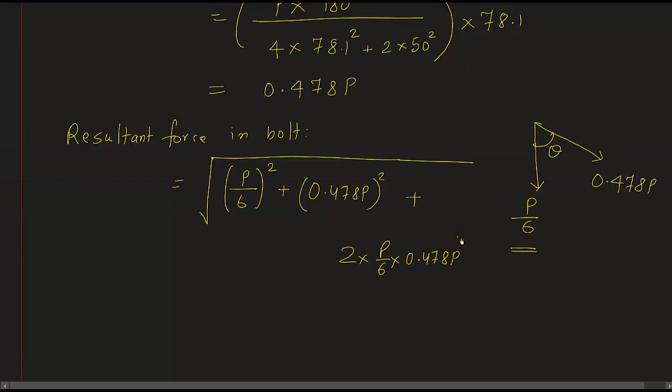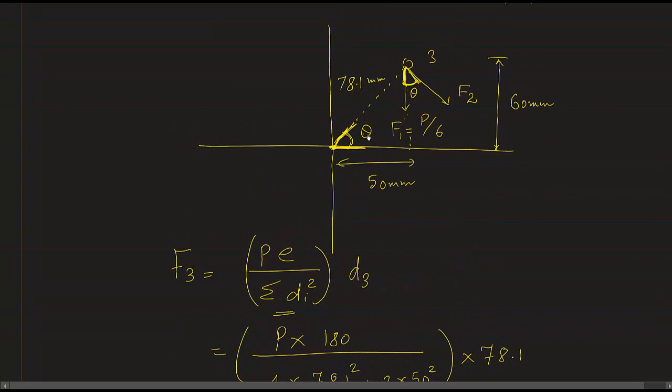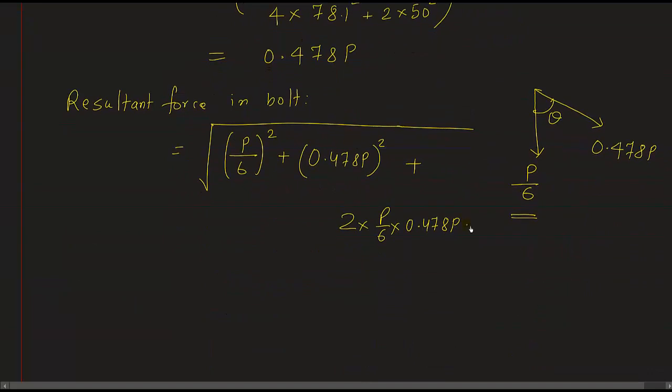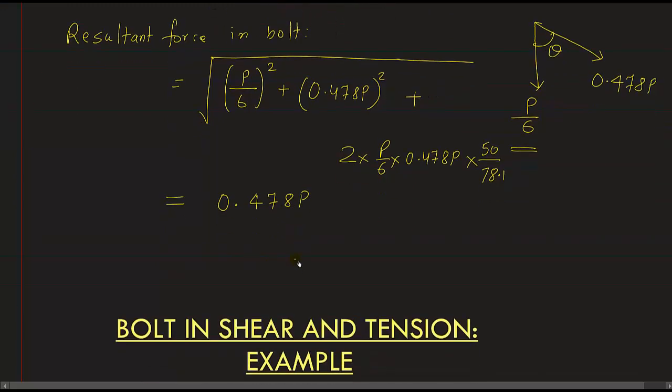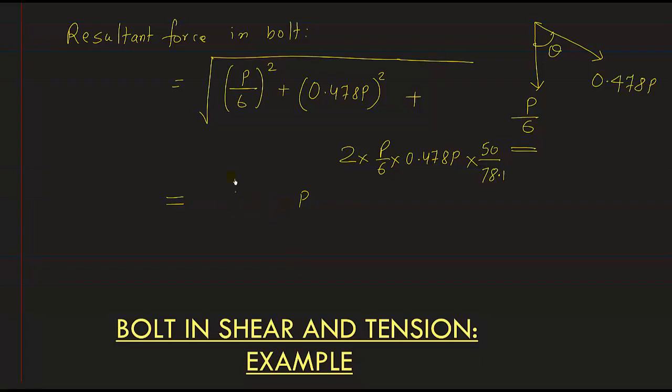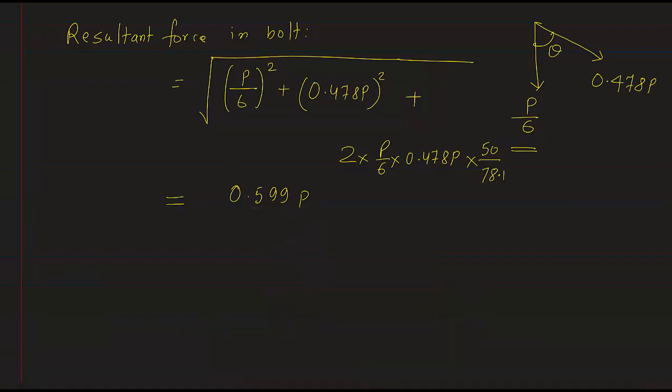And cos theta is this, that is 50 divided by 78.1. If I plug in this value and simplify, this turns out to be 0.599 P.